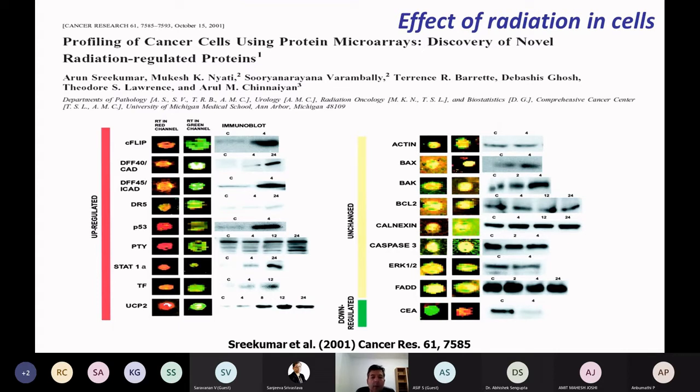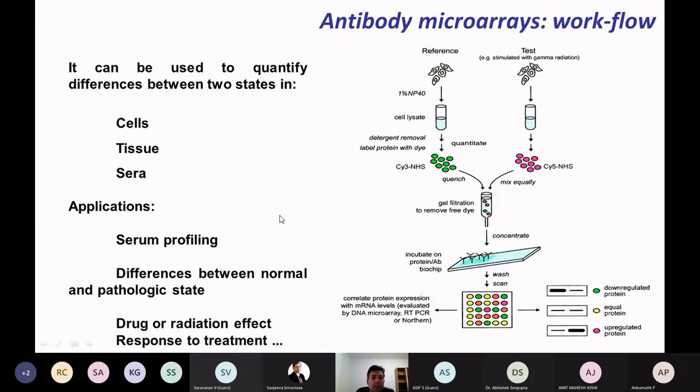The authors were able to find differences between normal cells and irradiated cells, and to validate some of the results by Western blot. But we can apply antibody microarrays to any other application, such as response to treatment, effective drugs, etc.